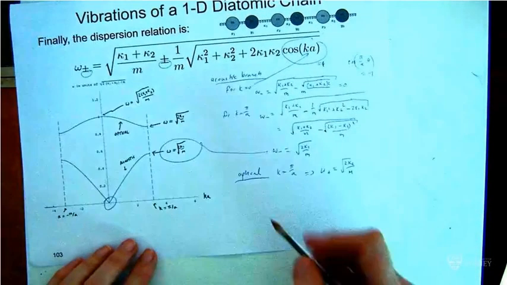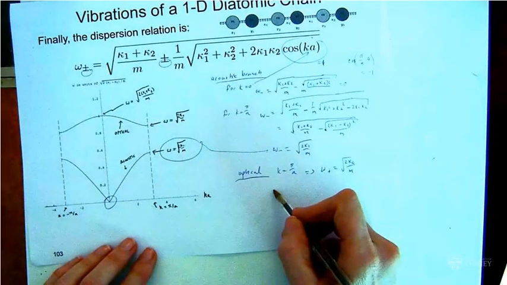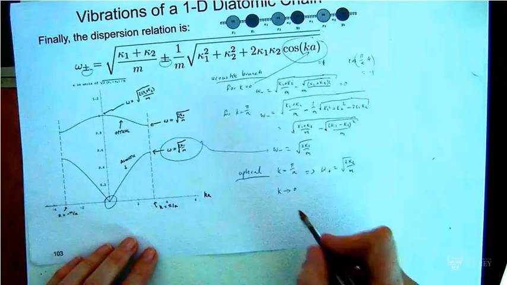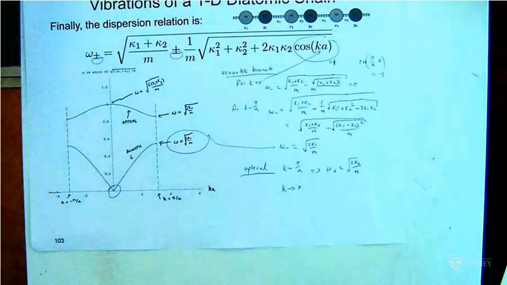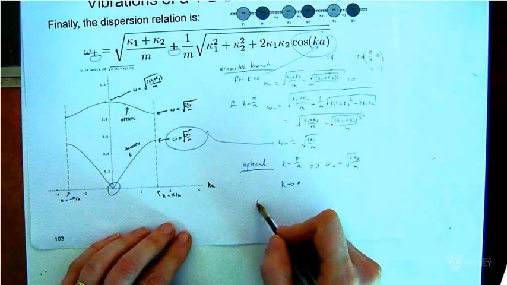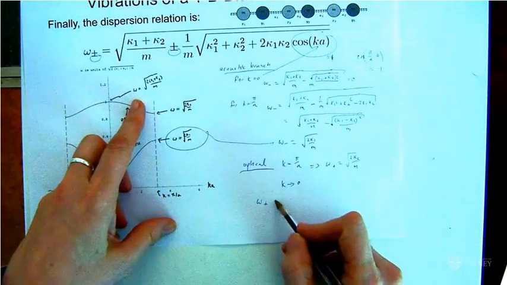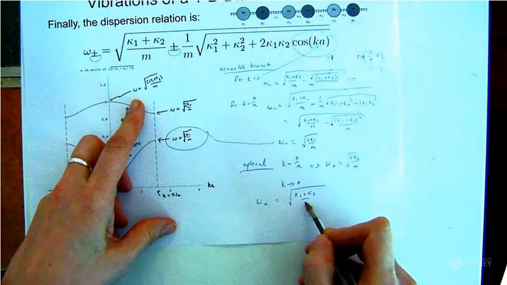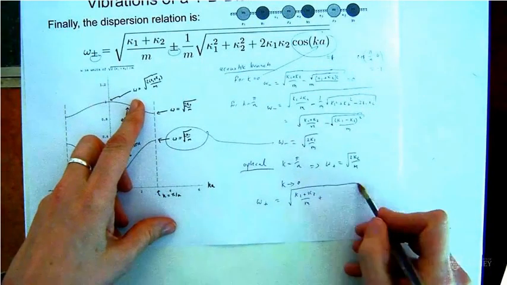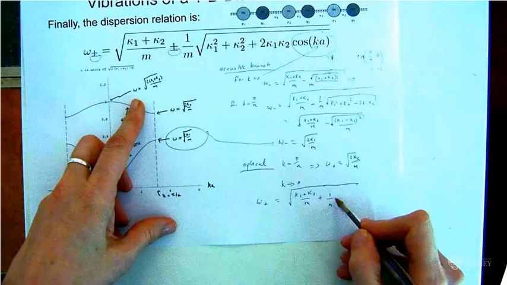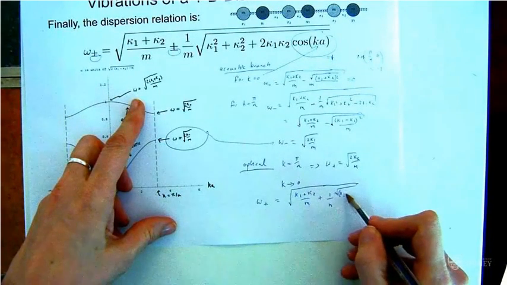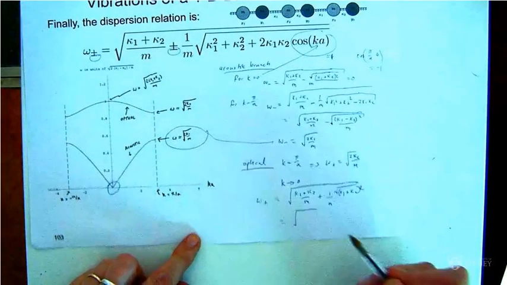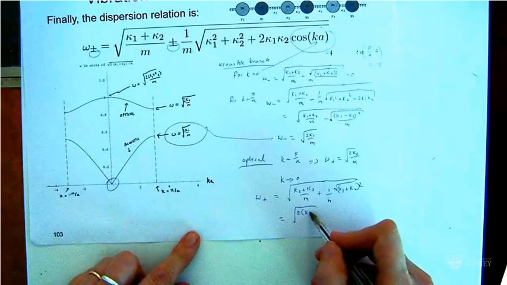And one can consider k going to 0. And just finding out, you get there omega plus being equal to the square root of kappa 1 plus kappa 2 over m plus 1 over m kappa 1 plus kappa 2 all squared, and then you get the square root of 2 kappa 1 plus kappa 2 on m.